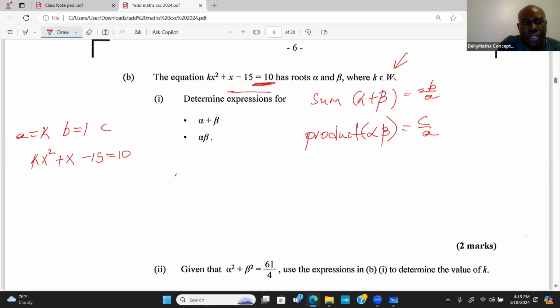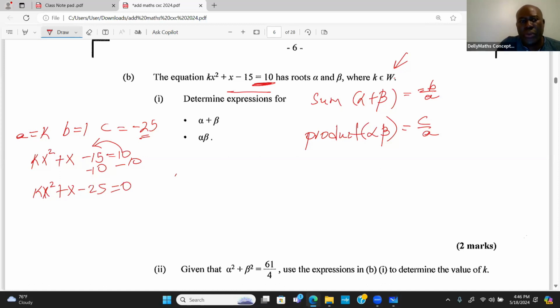To get this on this side, we're going to have to subtract 10 from both sides. So technically what we have here is kx squared plus x minus 25 equals 0. So c is equal to negative 25, right?